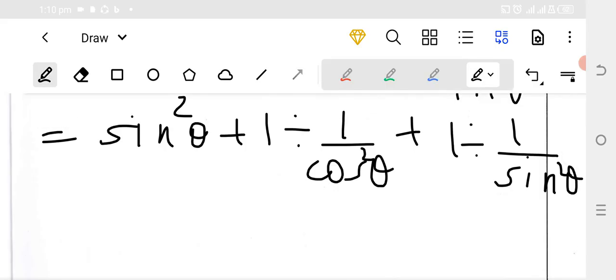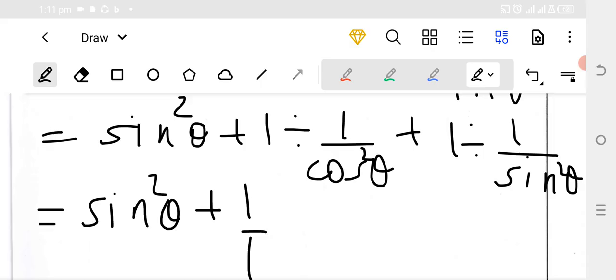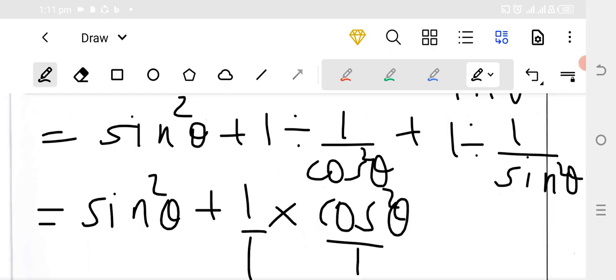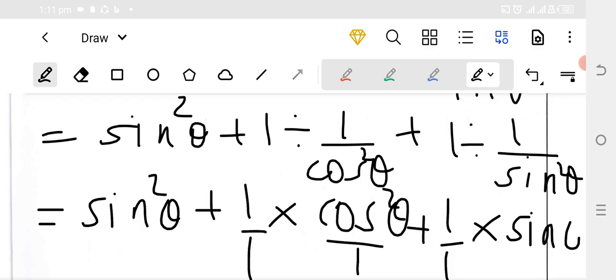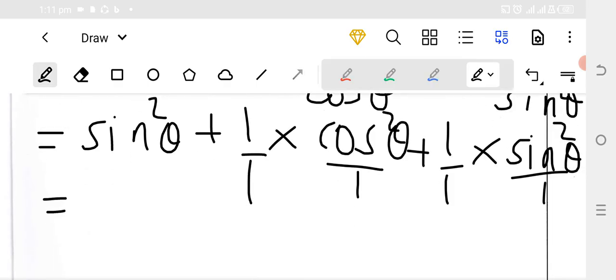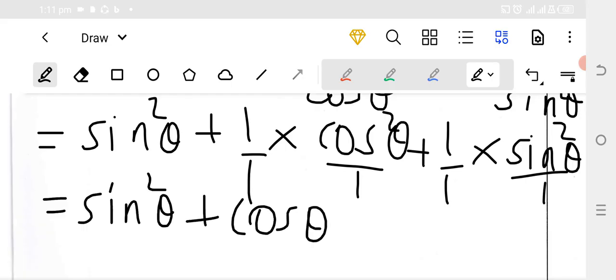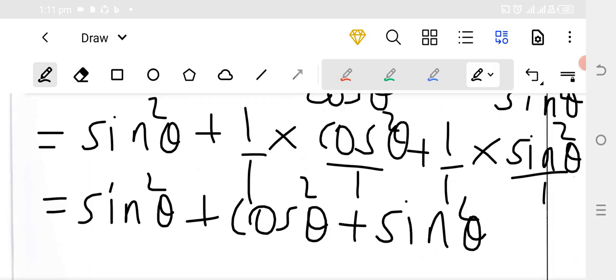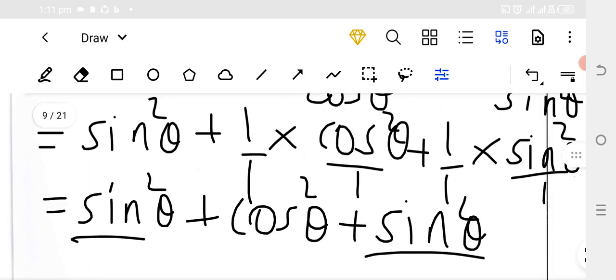Okay, so let's continue. It's going to be equal to sine theta squared plus a 1 over 1, you multiply by the reciprocal of this, it is cos theta squared over 1, plus a 1 over 1 multiplied by the reciprocal of that, it is a sine theta squared over a 1. It's going to be equal to sine theta squared plus cos theta squared plus sine theta squared. So we simplify, we add this and that.